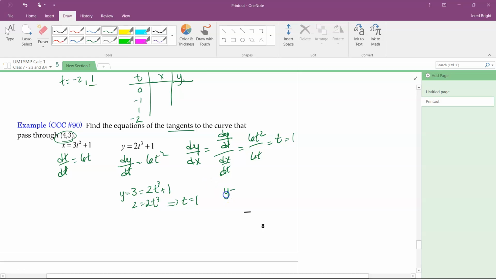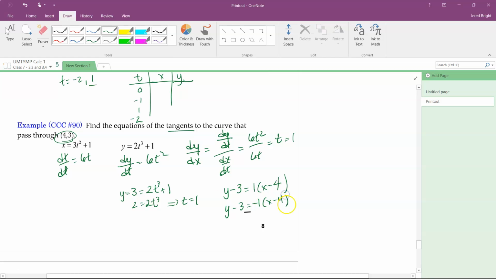One equation is going to be y minus 3 is equal to 1 times x minus 4, like that. And then the other equation, since we found that t was minus 1 from x, we should also report that one.